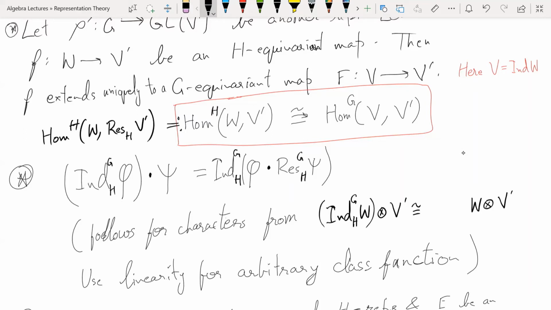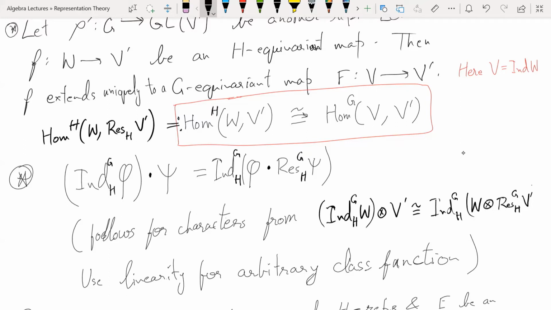If we are trying to be very strict, the tensor product on the left is a tensor product of G representations, and on the right I should make the distinction that V prime is now thought of as an H representation, so this is a tensor product of H representations, and then you induce it to G.